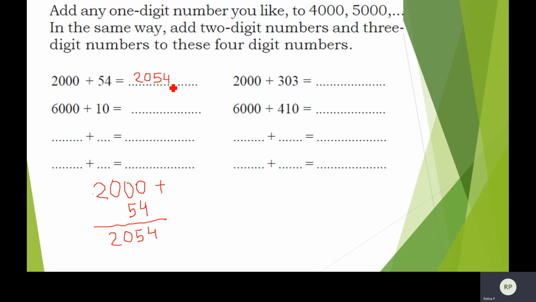Now you have to add 6000 and 10. Write it in the proper places: 0 at the ones place and 1 at the tens place. 0 plus 0, 0. 0 plus 1, 1.